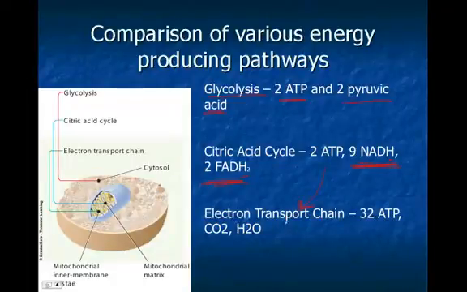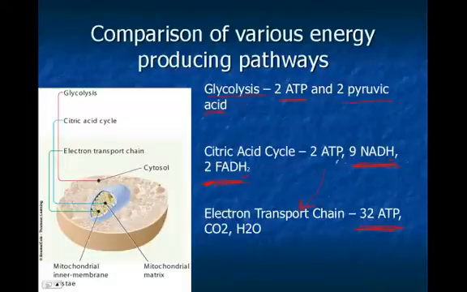That gradient is then used to make ATP. We're going to make a total of 32 ATP from those 9 NADH and 2 FADH2. So we make a lot of ATP.